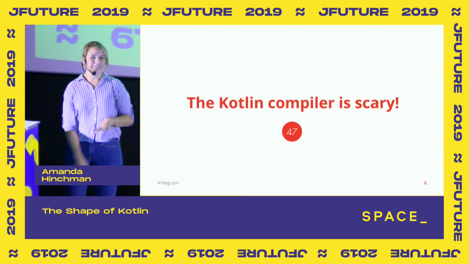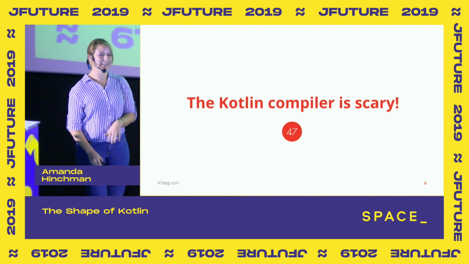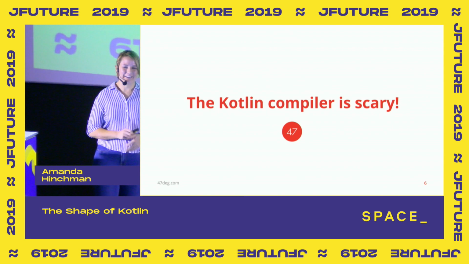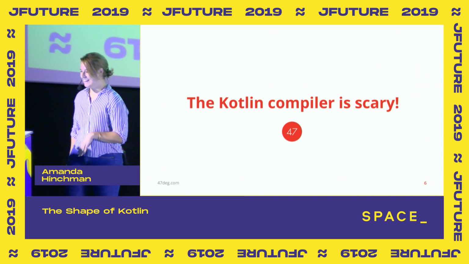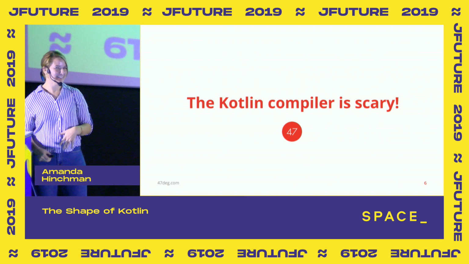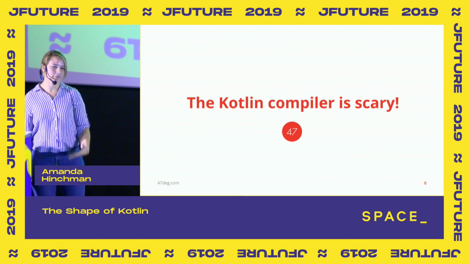One of the first things I learned about this AeroMeta project is that the Kotlin compiler is really scary. I think I only cried twice looking at it in one month. I was like, am I dumb? Am I just not getting this? No, it turns out it's really difficult.